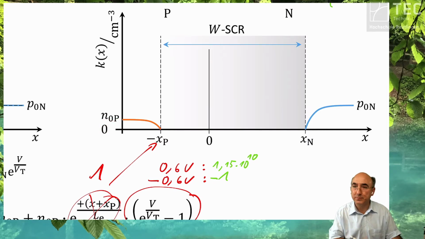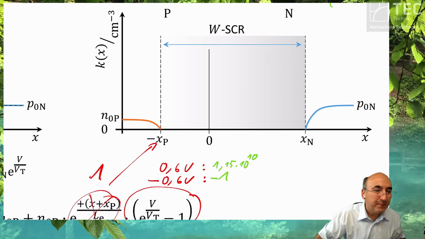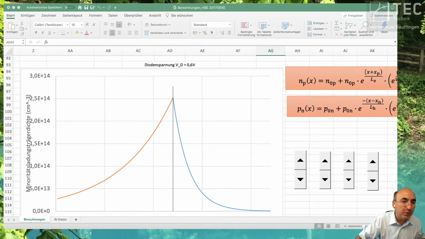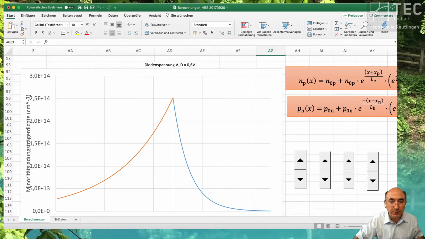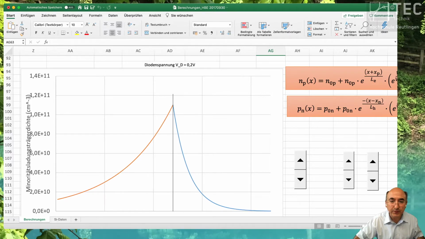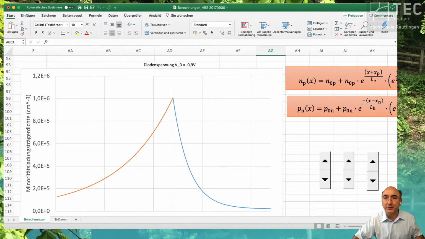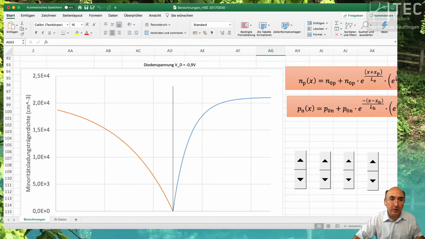Yeah, that changes. Exactly, exactly. So that's the perfect moment to go back to the slide on reverse biasing. Now I have a reverse bias of -1, -2, -3, -4.